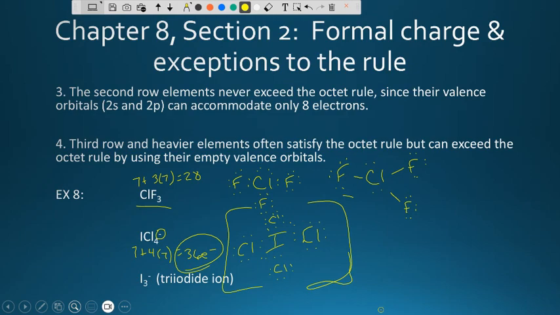Okay, last one is going to be the triiodide. I'll just do that one over here. And so we have 3 iodines in there, and notice that it's an ion with the extra electron. So I have 3 times 7, okay, that's 21, plus 1 more is 22 total electrons. All right, so we have iodine, and we're going to combine 3 of them. So let's do that.